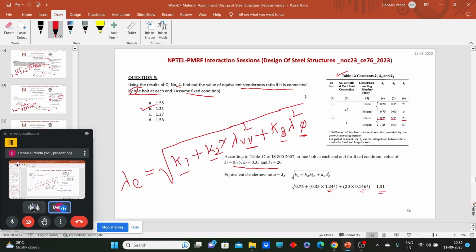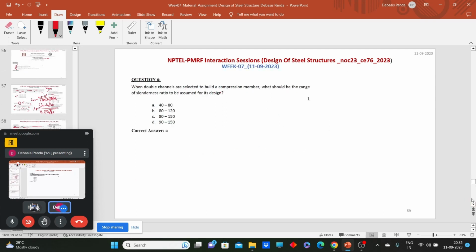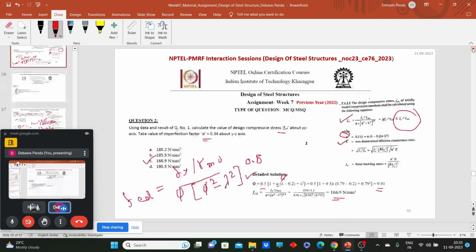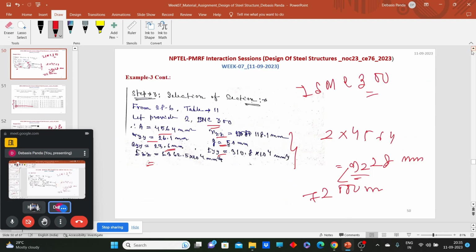Now let's move to the next question. When double channel sections are selected to build a compression member, what should be the range of the slenderness ratio? I have shown you that table, which is provided in your class notes. There it said that when we use them, the range should be 40 to 80. I will show that table once again.